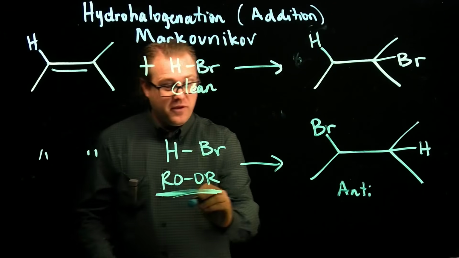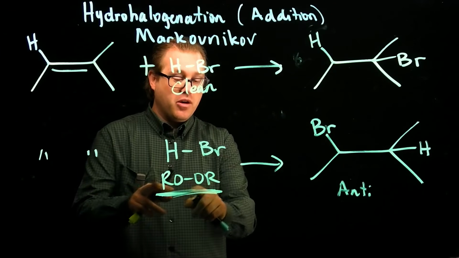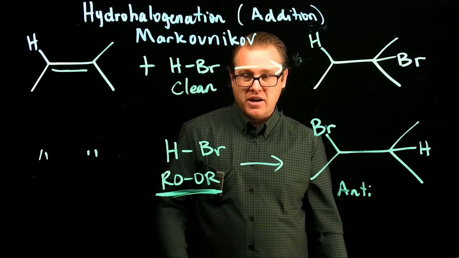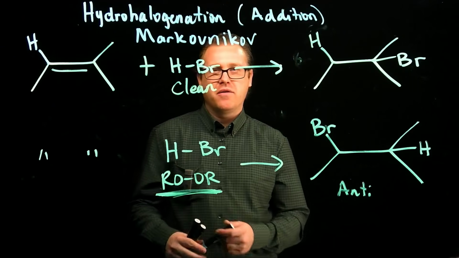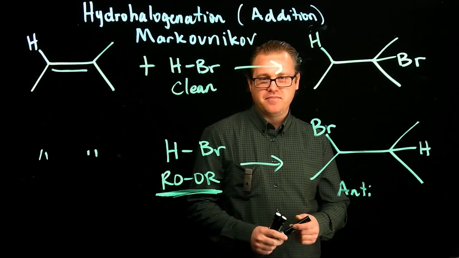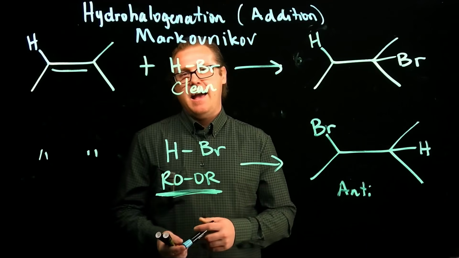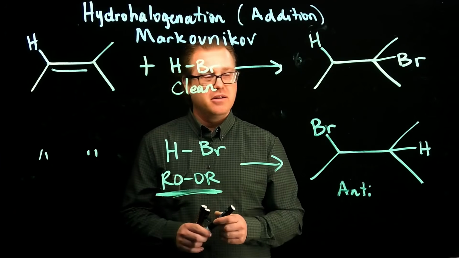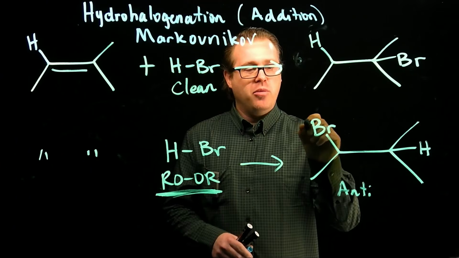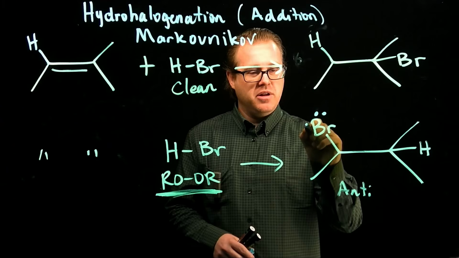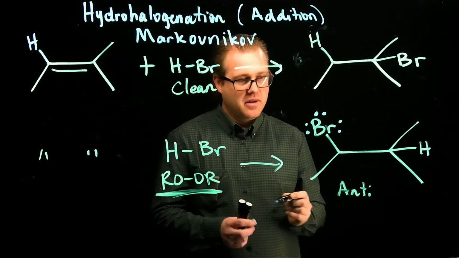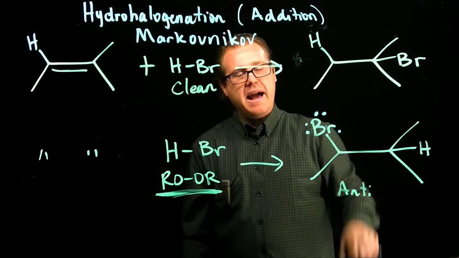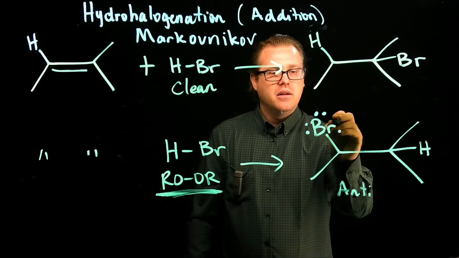So the mechanism for using HBr with peroxide goes through a radical mechanism. Do you recall from general chemistry what radicals are? They're atoms or molecules with one electron instead of a lone pair. So like a bromine, normally bromine would look like this, right? But if we got rid of one of those, we now have a radical, right?